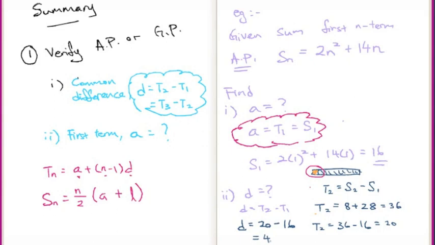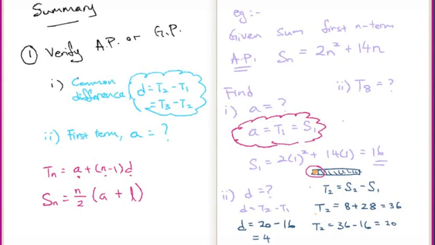Okay? So it's quite straightforward. Sometimes maybe you want to ask something more advanced, maybe what's the T8? You may say T8 is the sum of 8 subtract the sum of 7.